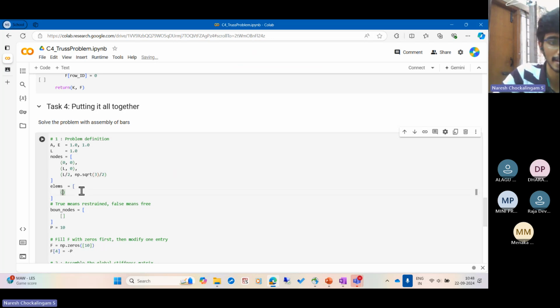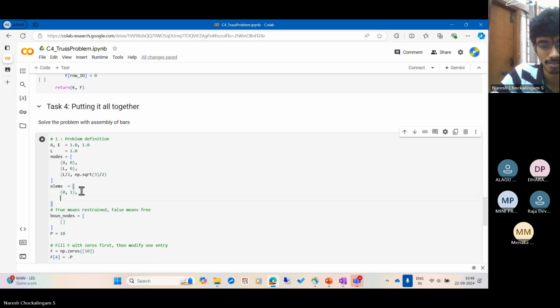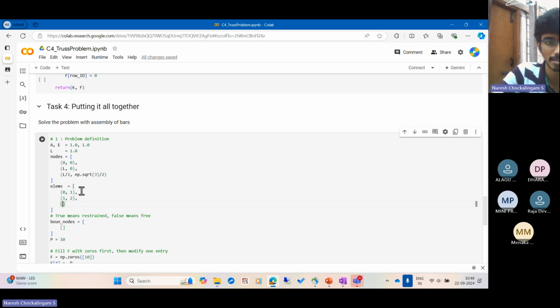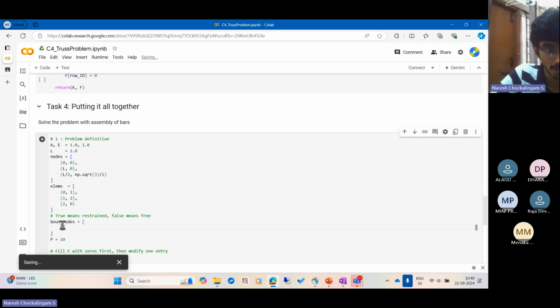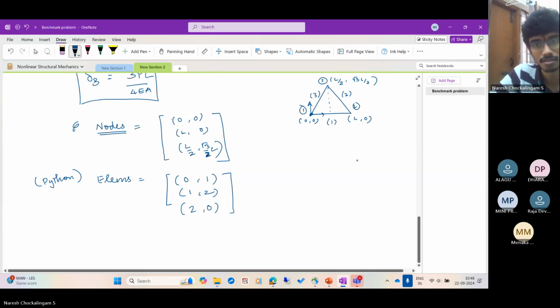And elements, you can say first element connects 0 and 1. Second element connects 1 and 2. Third element connects 2 and 0. What are the boundary conditions for this problem? At 1, I'll also write it here.